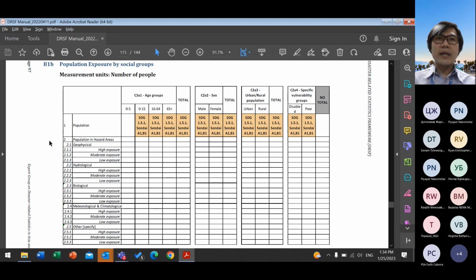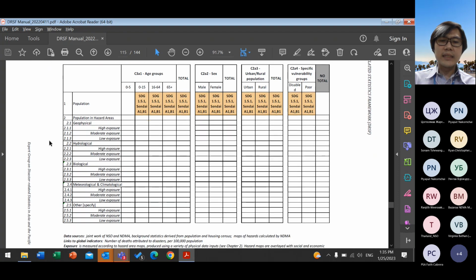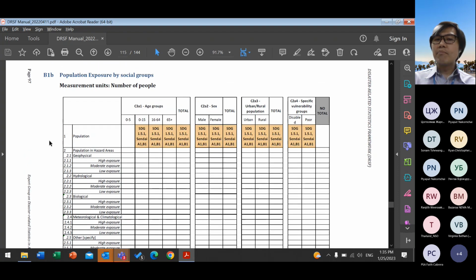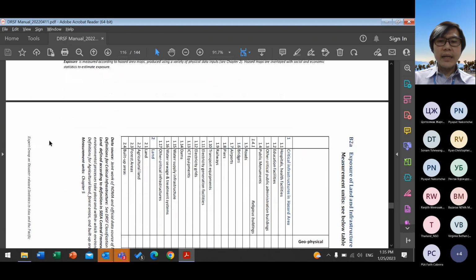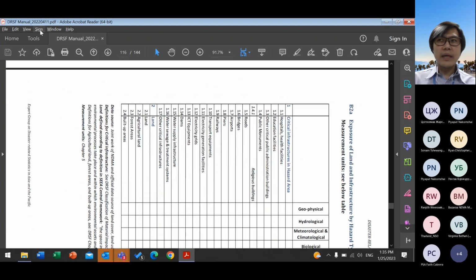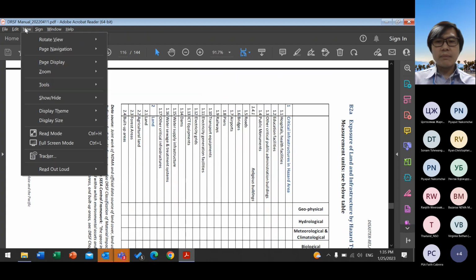And we can do that either by analyzing through GIS software, because it's easy to layer them in based on their geolocation, and then we can see the disaggregation quite easily. So that's table B1B.